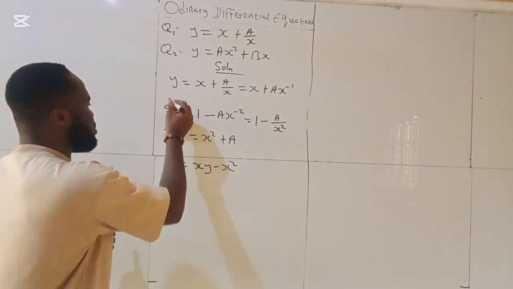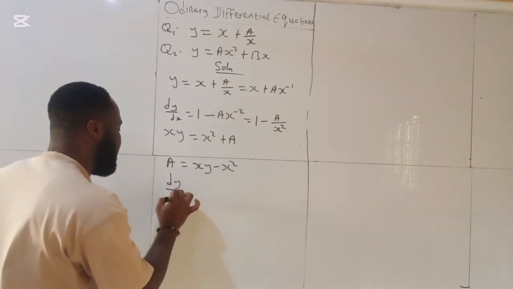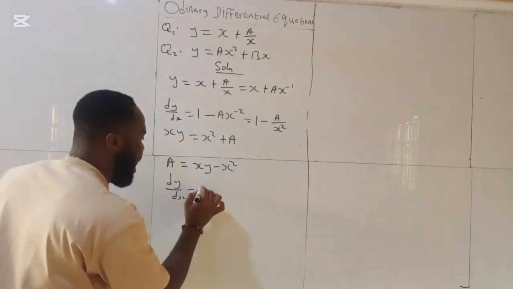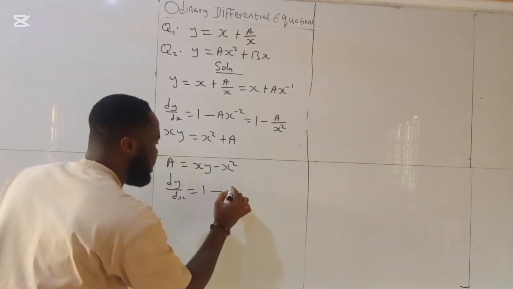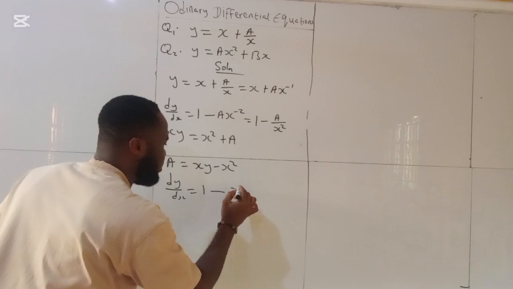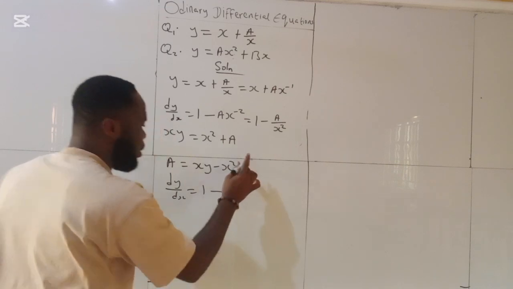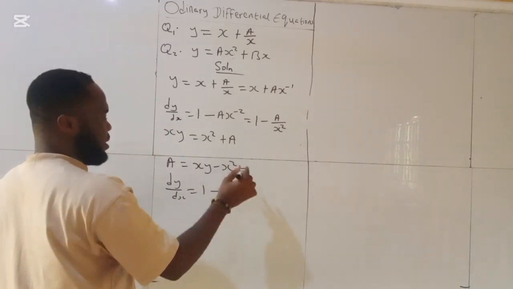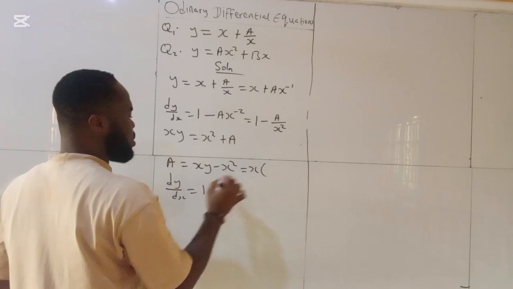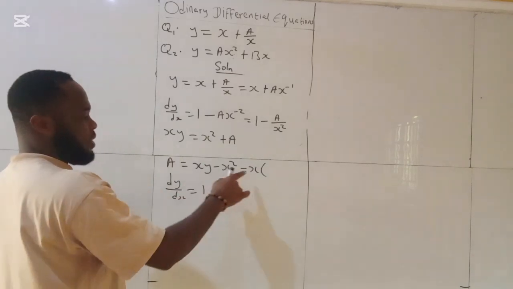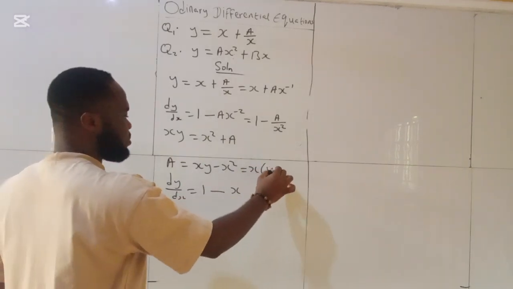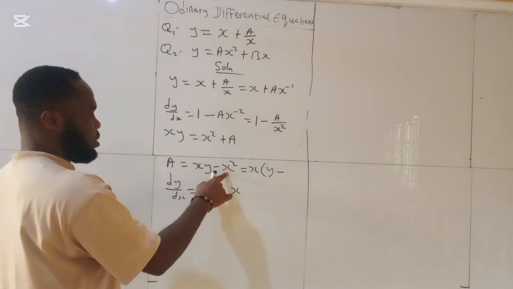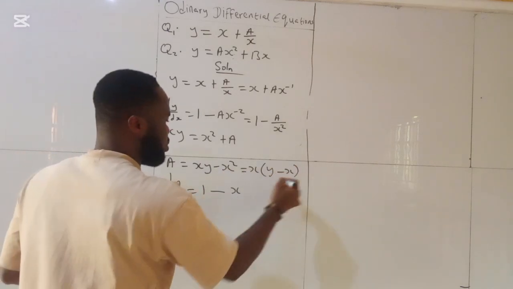So when we do that, we're going to have that dy dx is equal to 1 take away, what is a? a is x. Okay? But meanwhile, we can factor out x here. When you factor out x, you're going to have xy divided by x is y, take away x squared divided by x is x. So we're left with this.